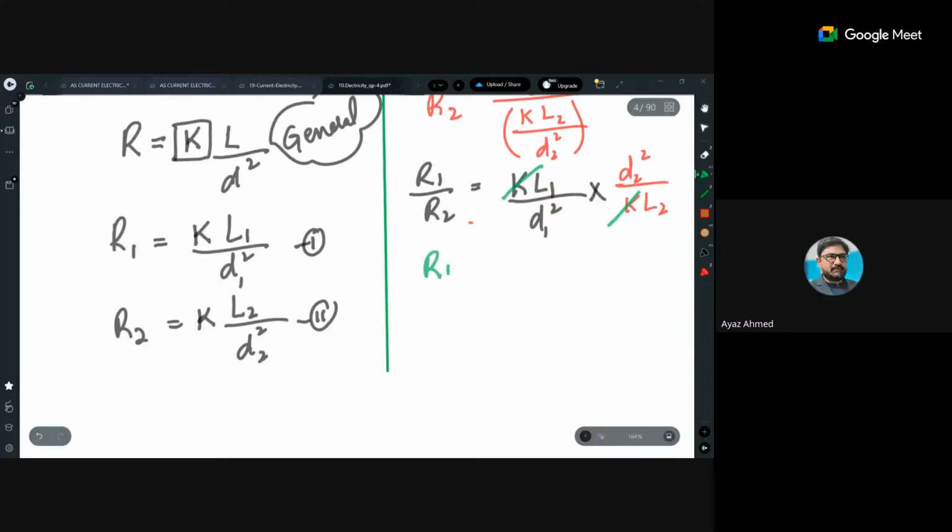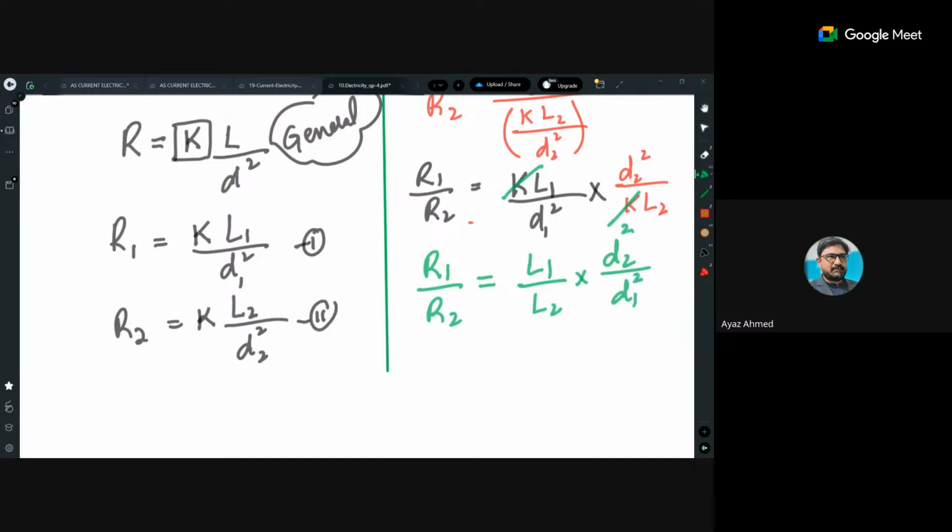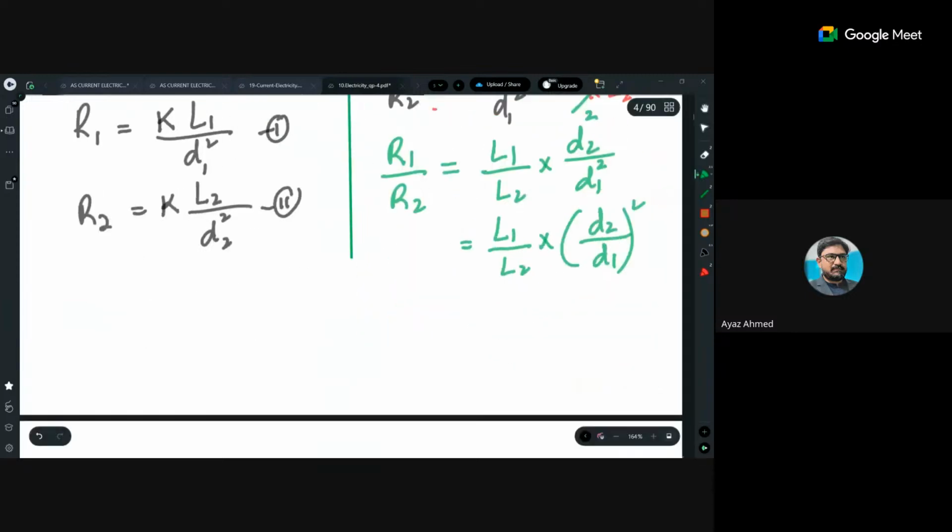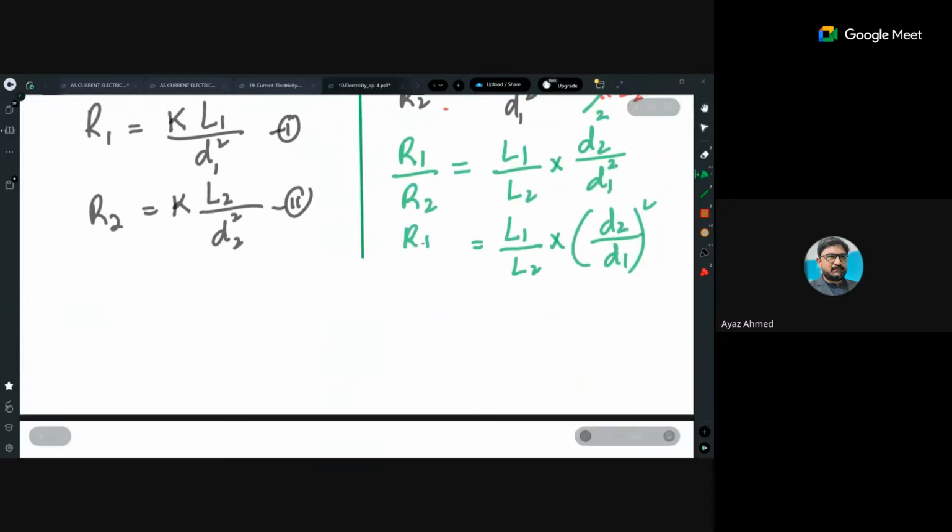You are left with R1 divided by R2 is equal to L1 divided by L2 into D2 divided by D1 whole square. That's it. You have to recall this master equation.